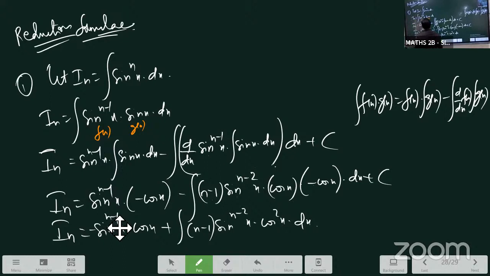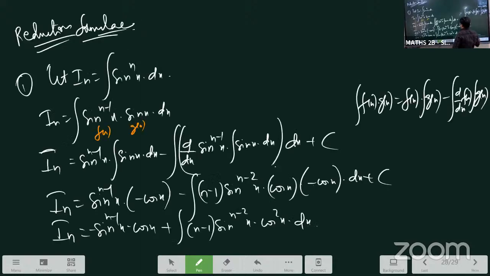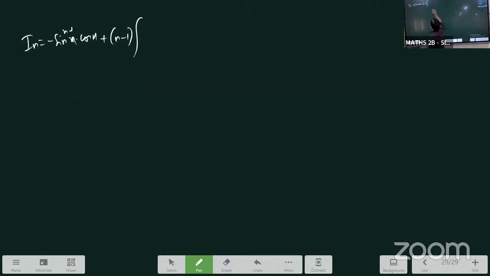So minus sin to the power n minus 1 x into cos x plus n minus 1 outside. Now sin power n minus 2, I am having sin to the power n minus 2 x into cos square. I will write it as 1 minus sin square x dx.